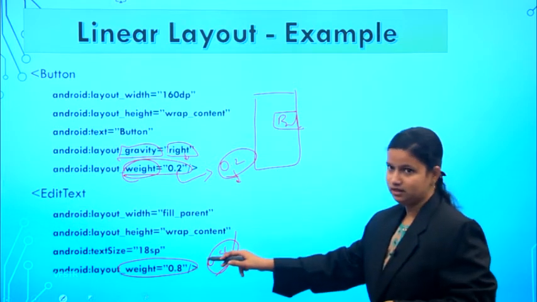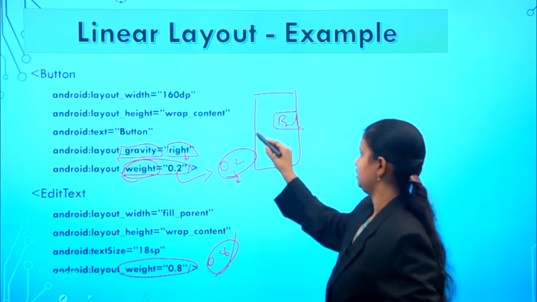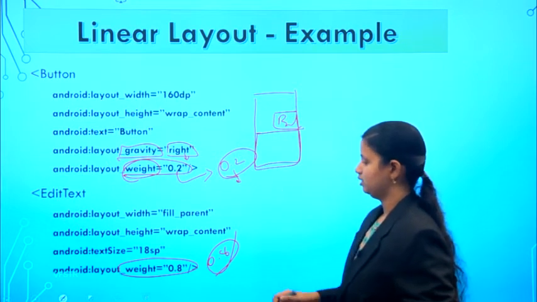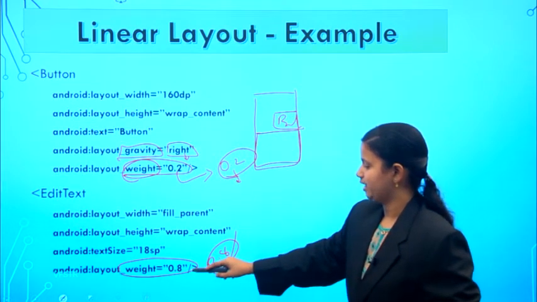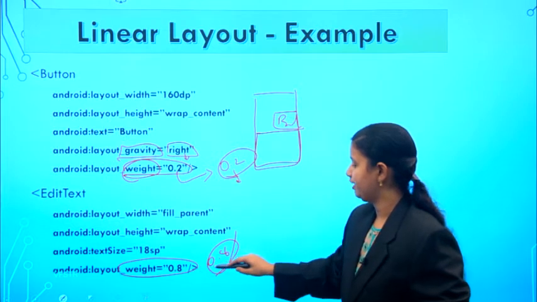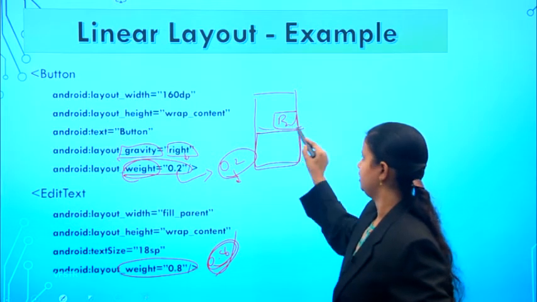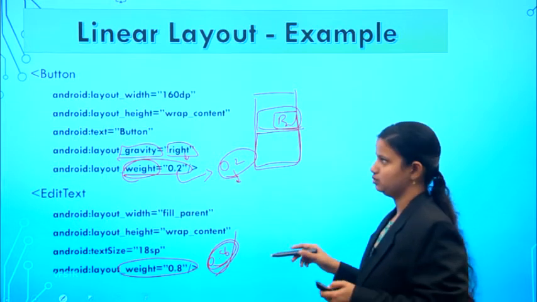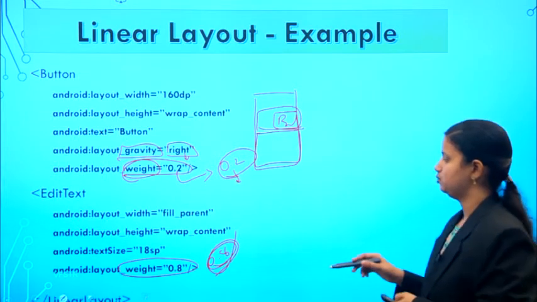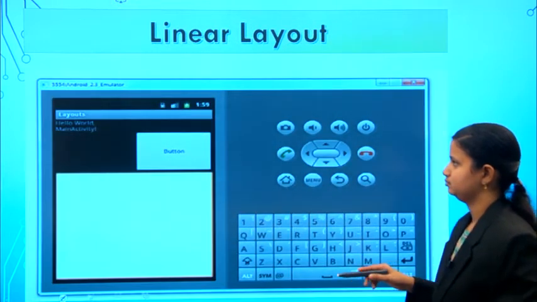Here they are not mentioning any gravity position, so it will be allocated all the space. And 0.8 will be allocated to the edit text and 0.2 space will be allocated to the button. So in that way the output is to be like this.